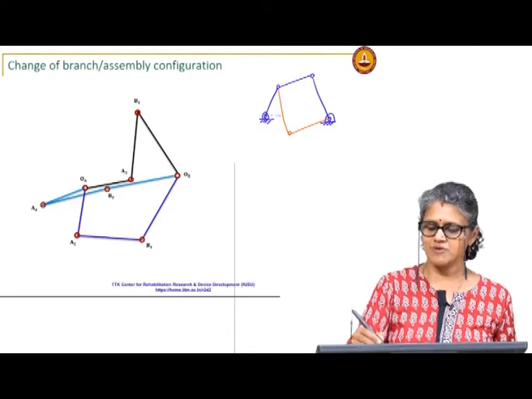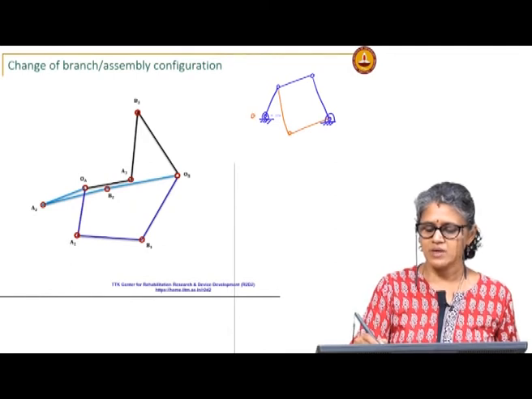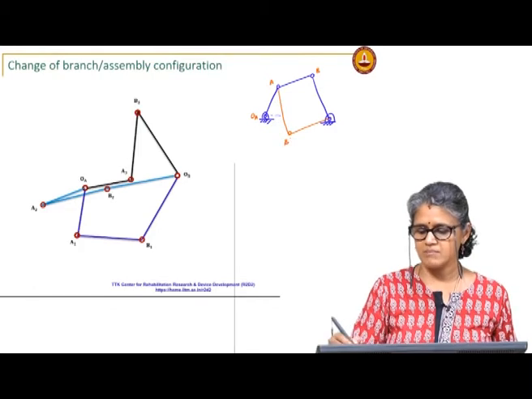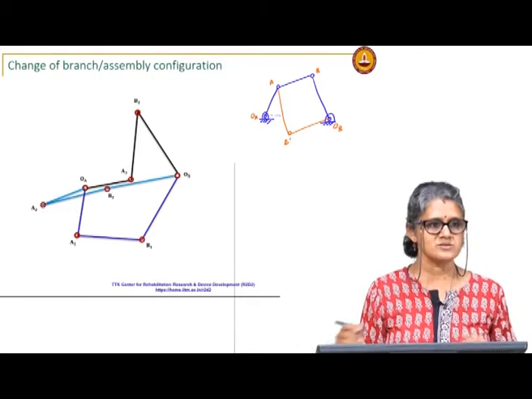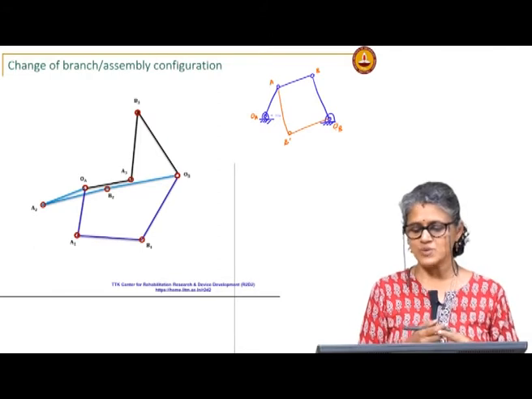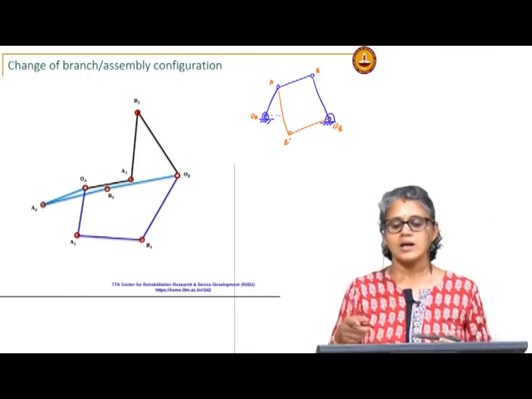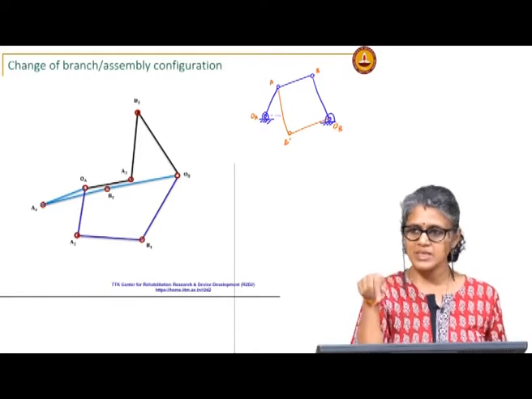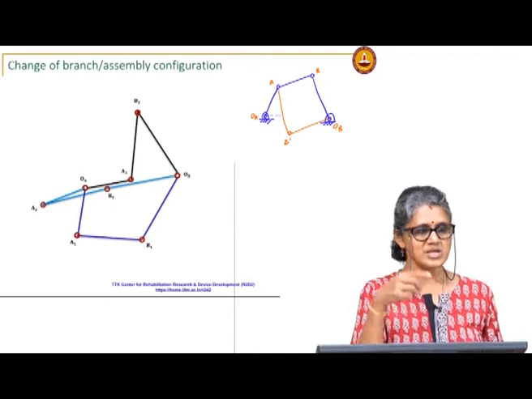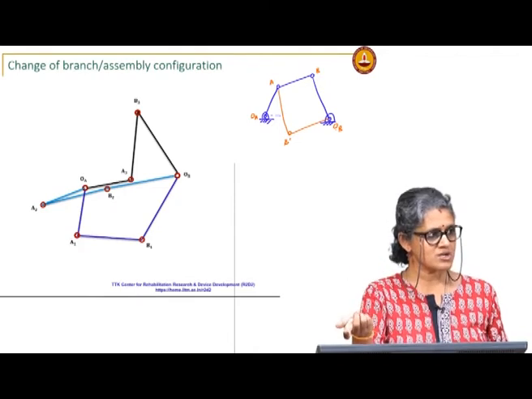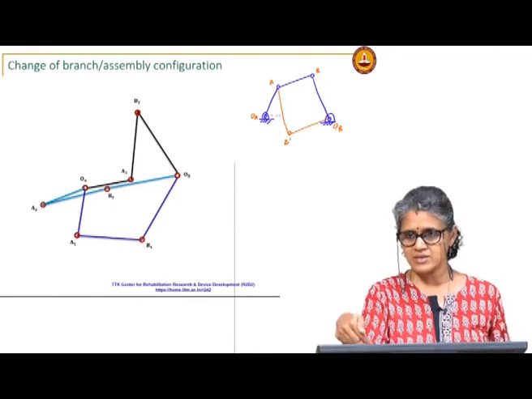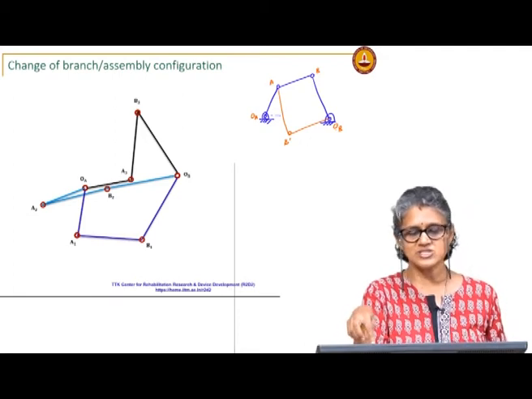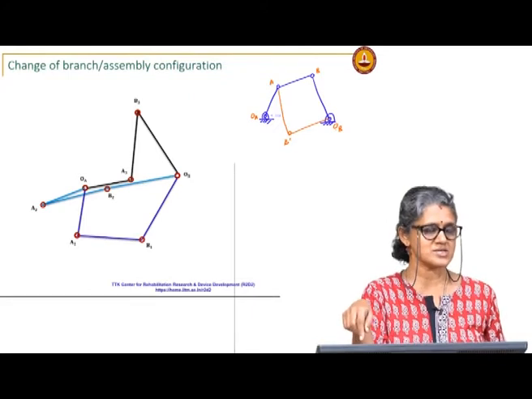So, if I say this is OA, A, B, this will be A, B dash, OB. So, these are the 2 possibilities, and usually once you assemble it in one configuration, it will only move in that configuration. It will not be able to switch from one configuration to the other without you physically disassembling the linkage and reconnecting it in the second configuration.